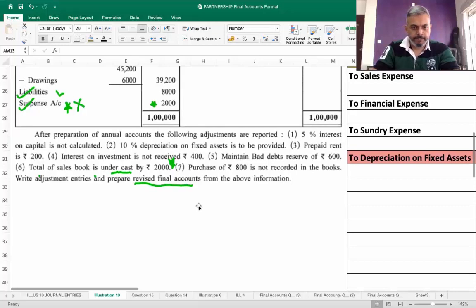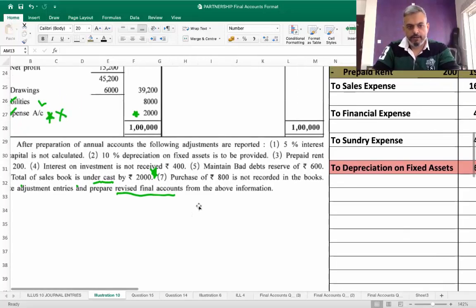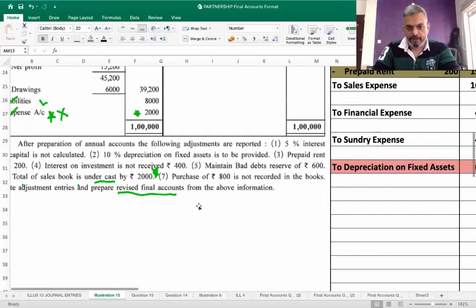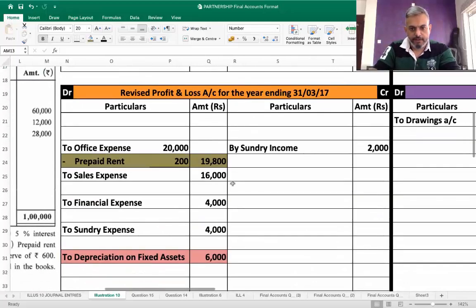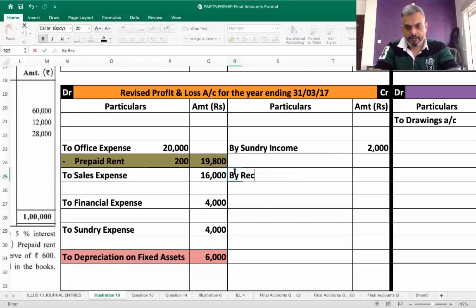Next, interest on investment is not received, 400. So it is receivable interest on investment. First effect, profit and loss account credit side by receivable interest, or you can also write outstanding interest on investment account.